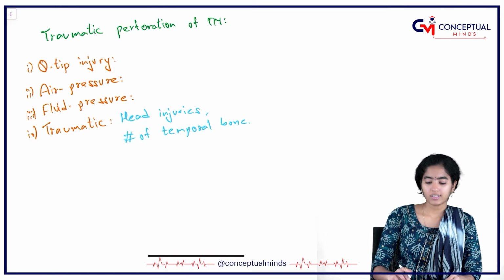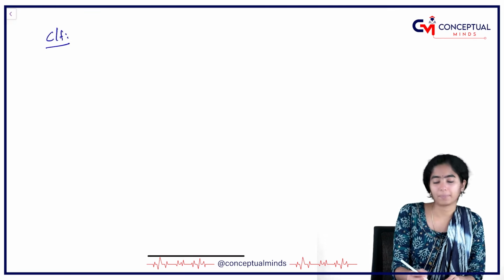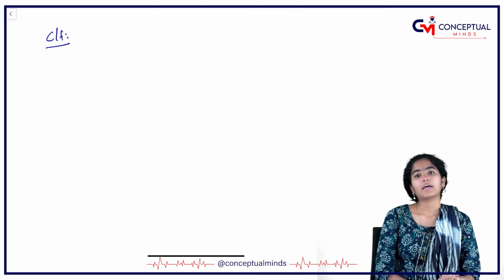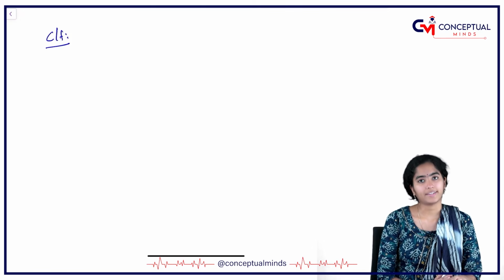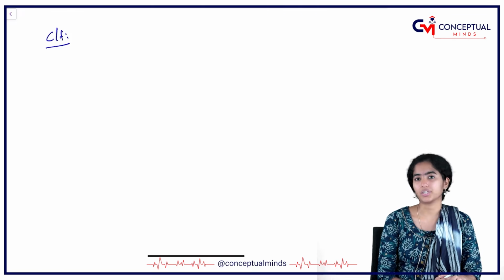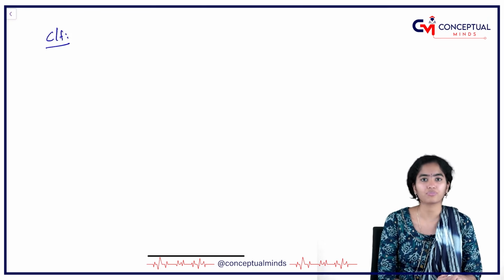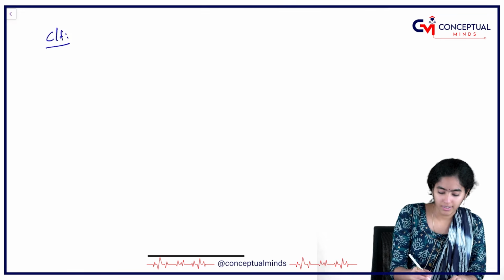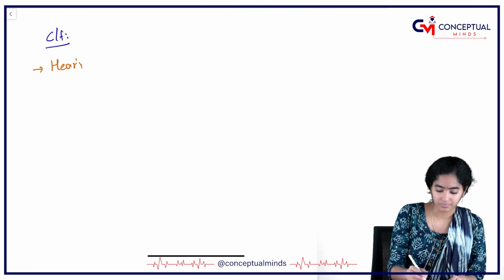Now let us look at the clinical features of a perforated tympanic membrane. What happens if the tympanic membrane is perforated? First, symptomatology. The patient will present with the complaint of hearing loss. And that hearing loss is a conductive type of hearing loss, because the tympanic membrane is a part of the conductive apparatus of hearing.